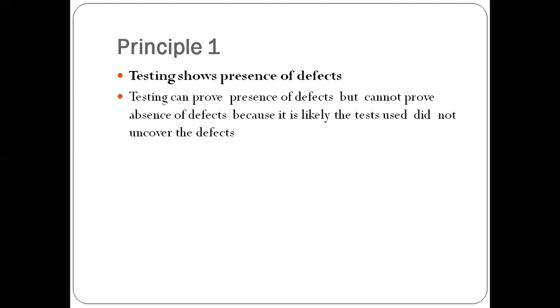Okay, so by the time you finish a particular software test project and the results are published or communicated, we should realize the fact that yes, those are the defects we have found. That does not guarantee the fact that there are no other defects. All right, so the fact that you have tested and you have discovered maybe 200 defects in the software does not guarantee the fact that there are no other defects in that software. That is what that principle basically means. Testing shows the presence of defects, not absence of defects.